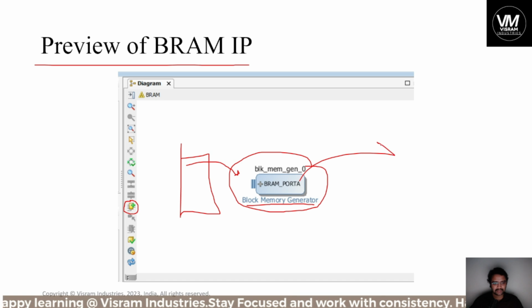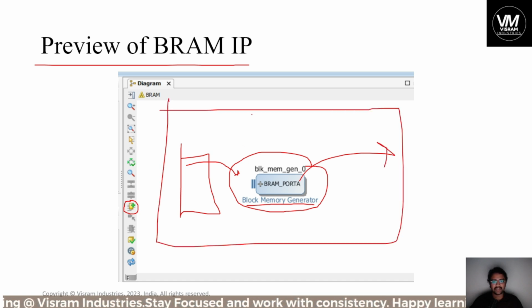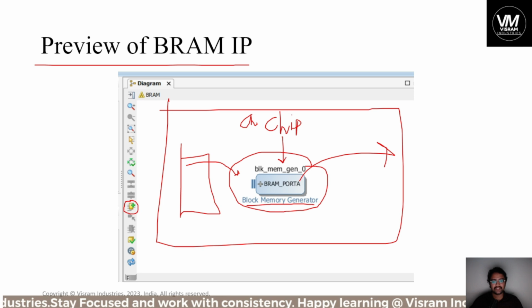Now from this, the entire FPGA chip is turned into a memory block. This is the normal representation of block RAM, with the block memory generator and an initial value of 0.